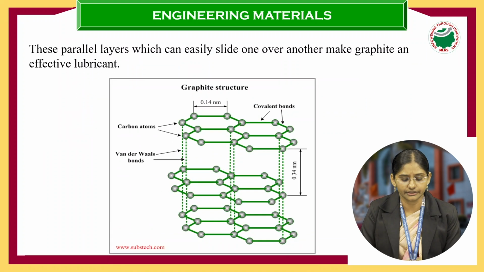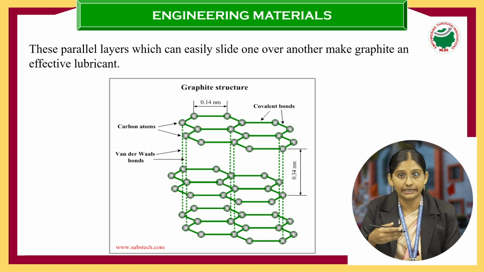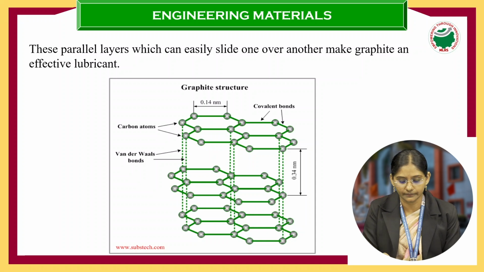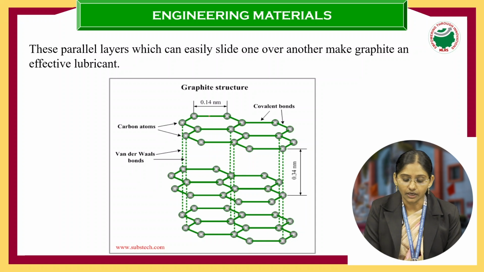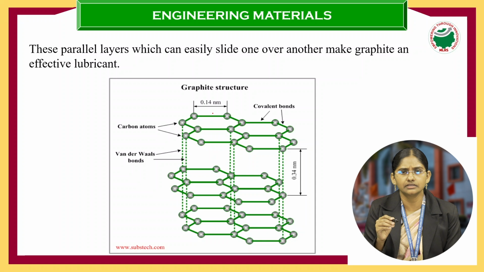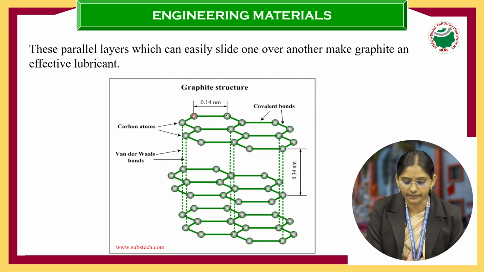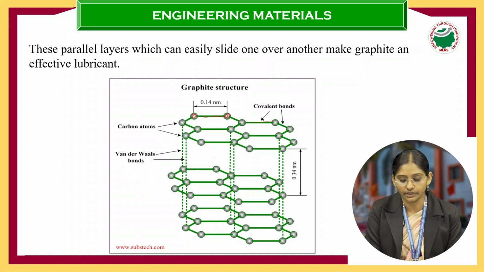Now we'll see the structure of graphite. Just now we discussed how the structure consists of layers, and all these layers are interconnected, held together by weak van der Waals forces. If you observe the structure of graphite, the total structure contains only one element, that is carbon. Here the carbon atoms are interlinked or bonded together by a strong covalent bond.